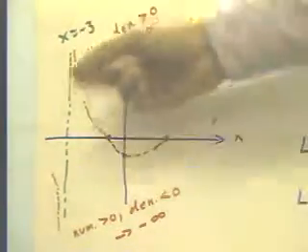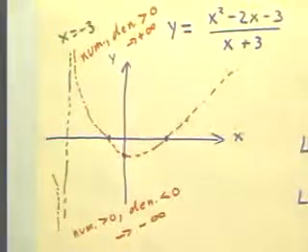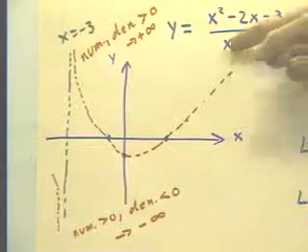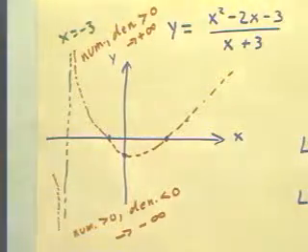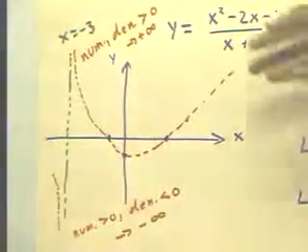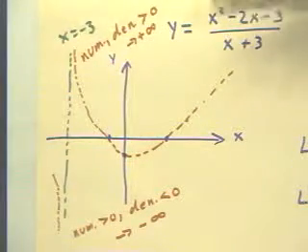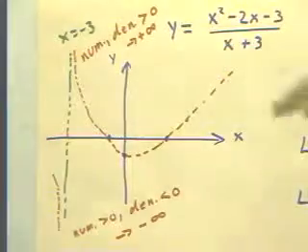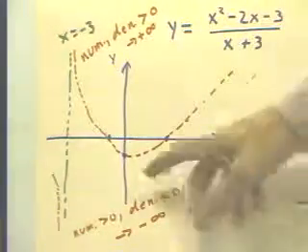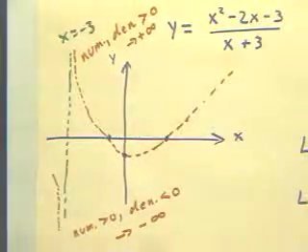It's going to have a vertical asymptote at x equals negative 3 because the denominator will be 0 at that point, and we'll have the same type of behavior that we had in the previous example. And we can also determine the y-intercept. That's usually pretty easy to do. We just put 0 in for x. We get negative 3 over 3 or negative 1. So y would be negative 1. That would be our y-intercept. So if this is negative 1, we're going to have something that looks like this.